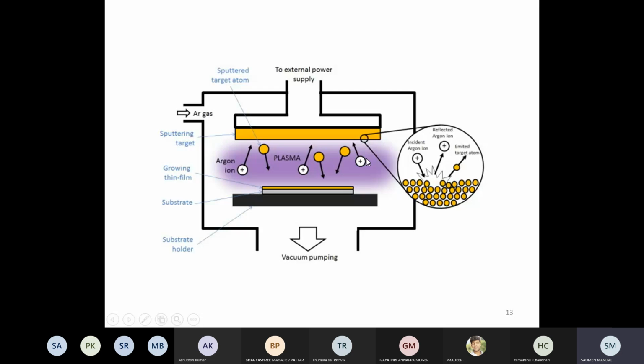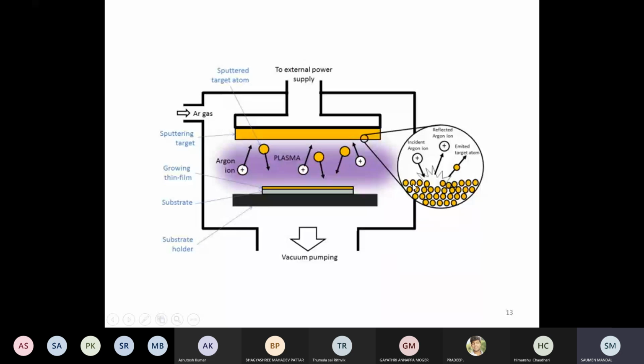When plasma generates, argon plus ions start bombarding this surface. Here you can see the incident argon atom hitting the target, and during ejection the target atom is emitted, coming out from this surface.